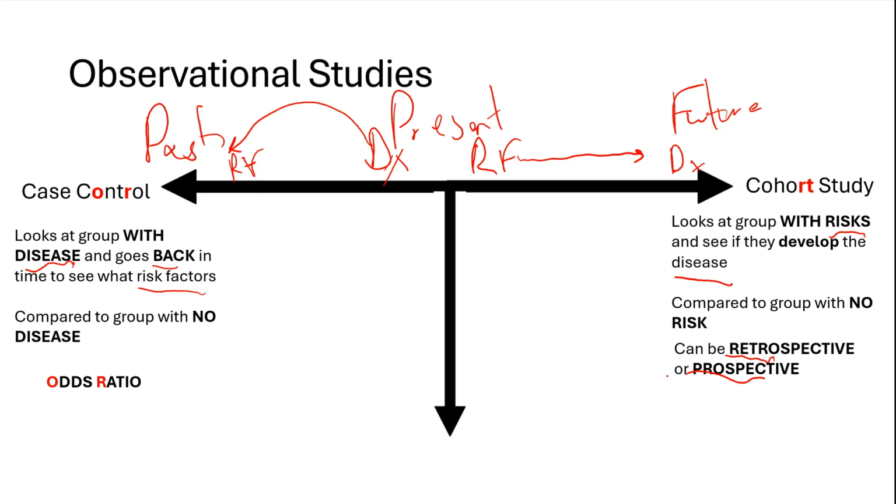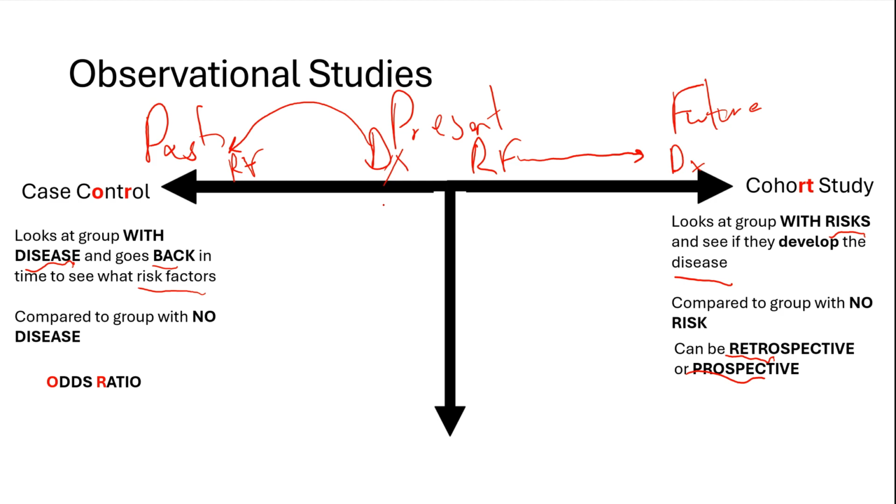Prospective cohort studies are your typical well-defined cohort studies, pretty much what we just went over. But what likes to be compared on your exams is case control studies compared to retrospective cohort studies. Now, why? What's the big takeaway? Case control studies, like I've already emphasized, start with the disease, they go back in time, and they look at risk factors.